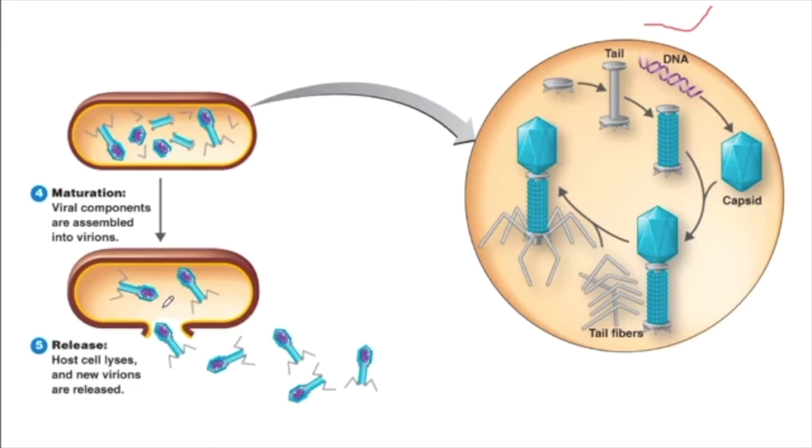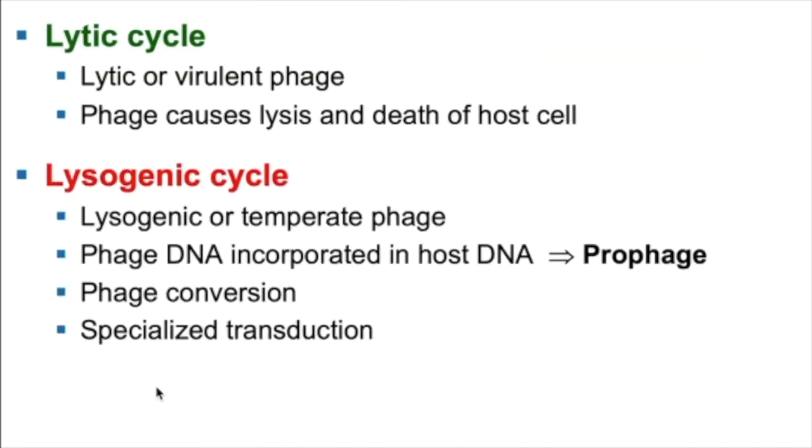In the final stage, enzymes are used and the cell wall components are lysed, and then the virus leaves the cell. So that's the lytic cycle. The lytic cycle is also known as the virulent phase because it causes the death of the cell. It will lyse and cause the death of the host cell.